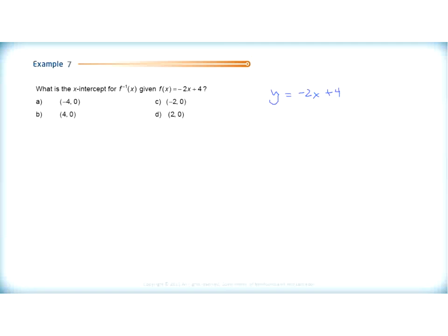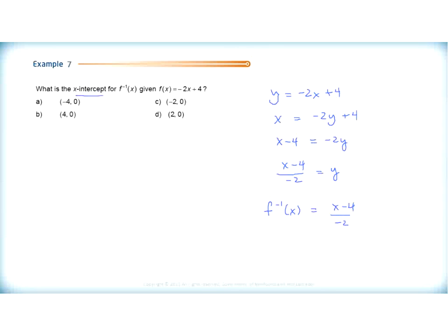Let's do it this way, just to be sure. So here's the original function. Let's switch x and y. x = -2y + 4. And let's solve for y. So I get (x - 4) divided by -2 equals y. I guess we can leave it like that. f⁻¹(x) = (x - 4)/-2.